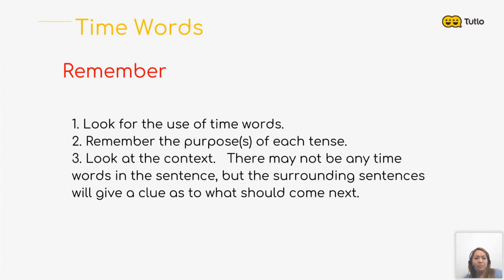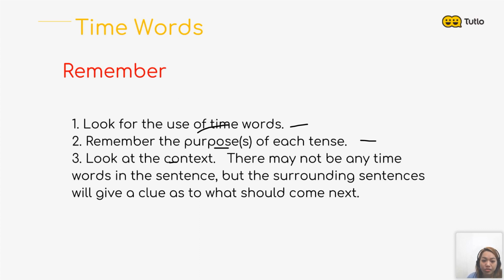So you need to remember, when creating a sentence that talks about or refers to time, look for the use of time words. Remember the purpose or purposes of each tense.